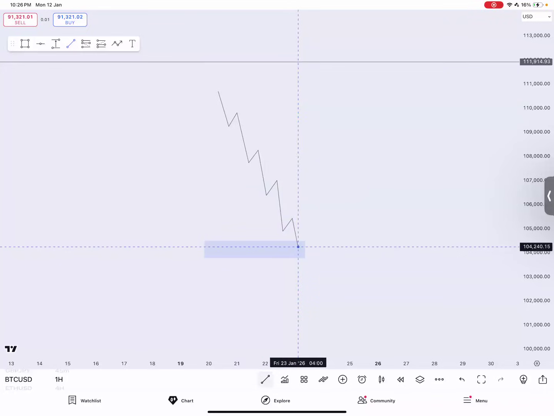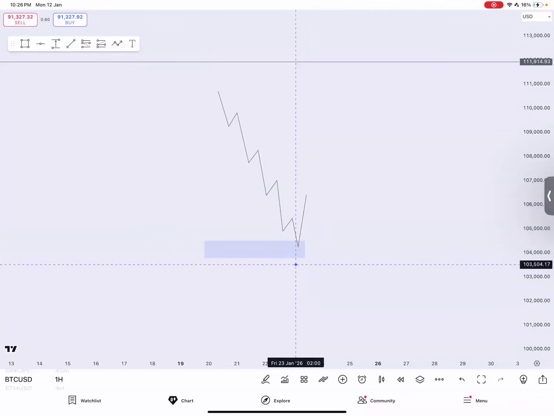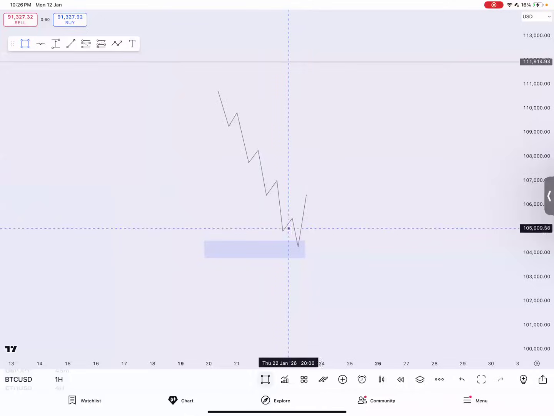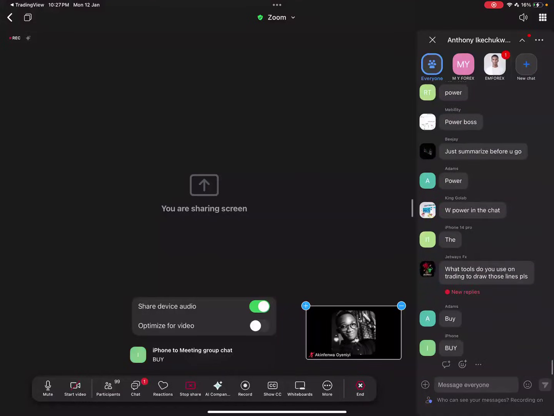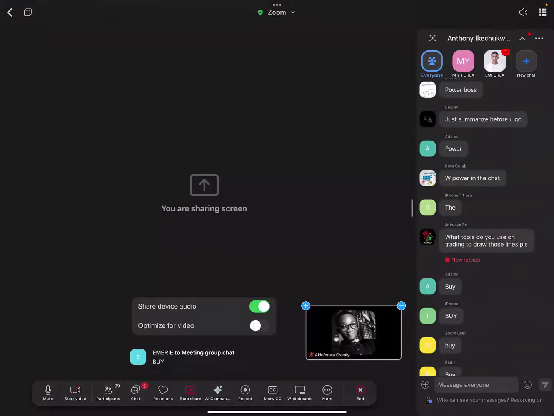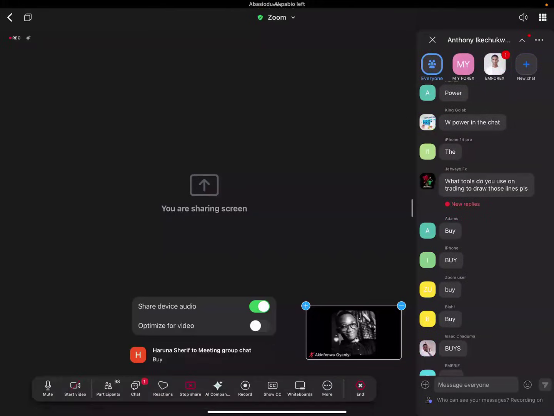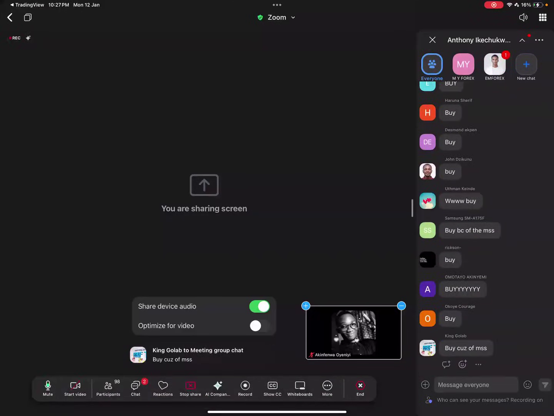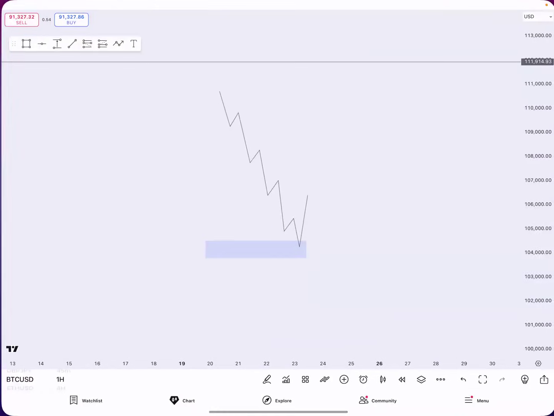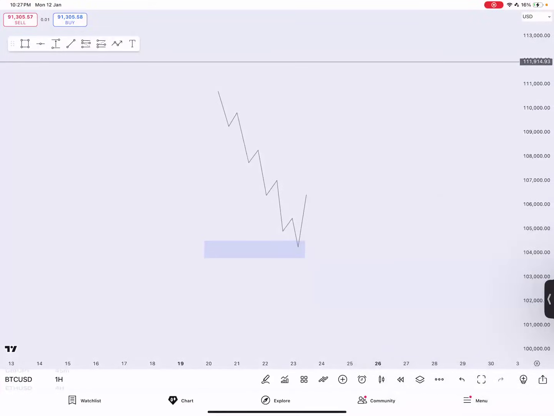Then price taps here and does something like this. When this happens, what are you expecting to trade here? Buy or sell? Exactly. So you see why the structure part is important. It's important because you know whether you're looking for buy or sell.